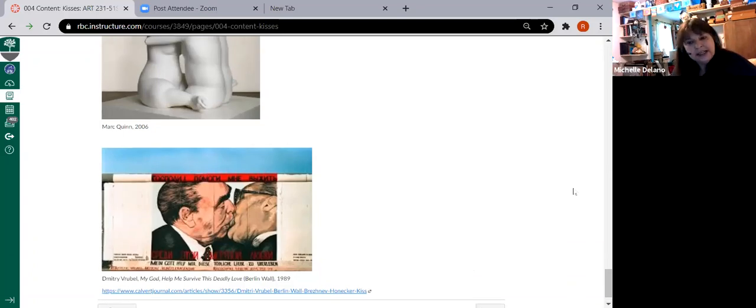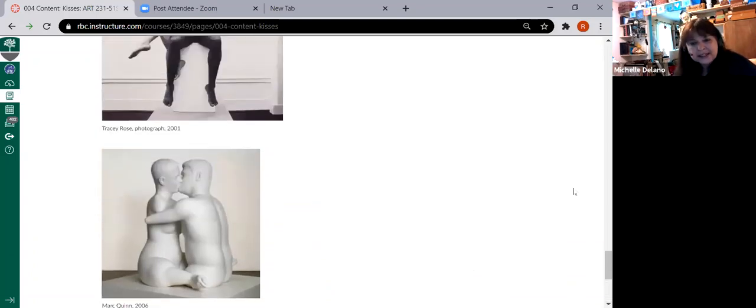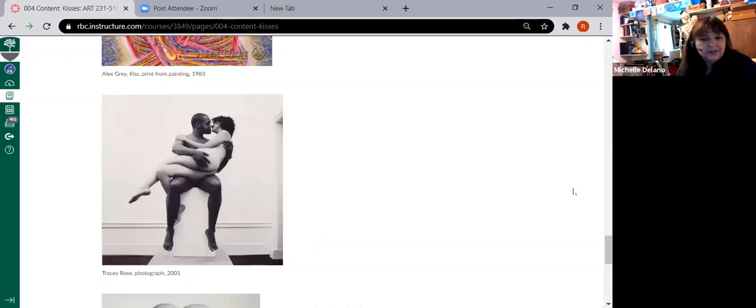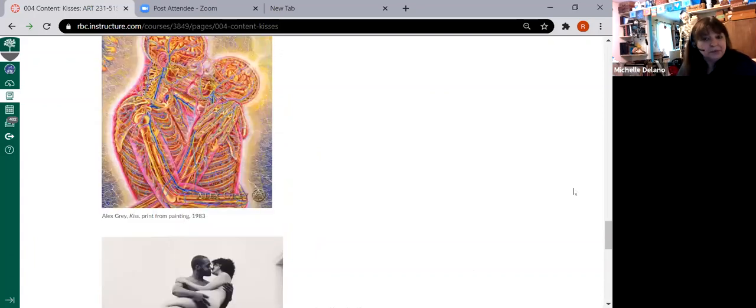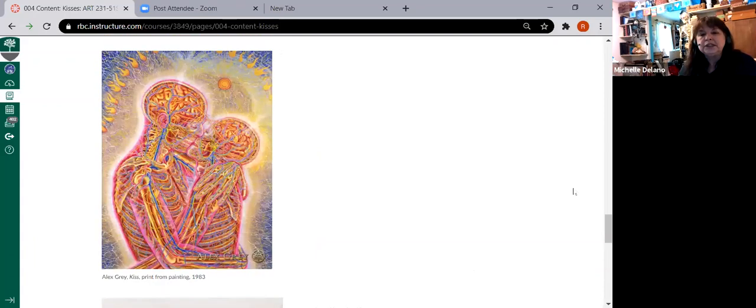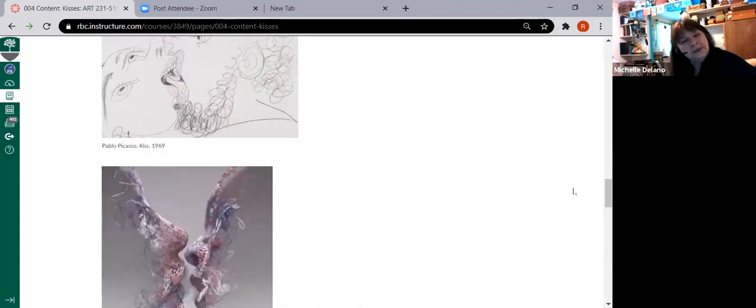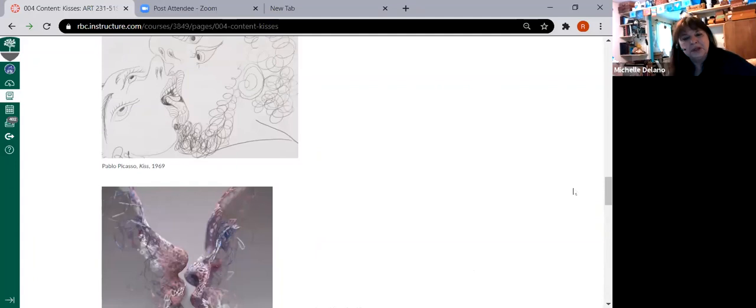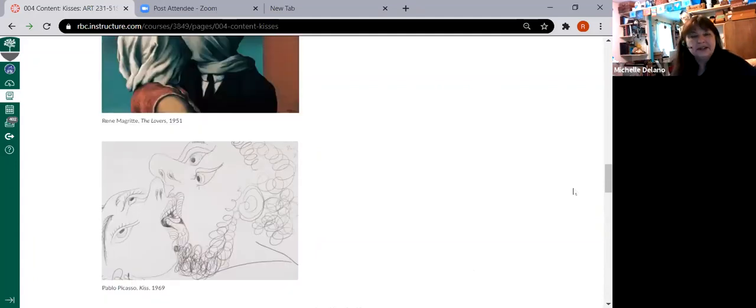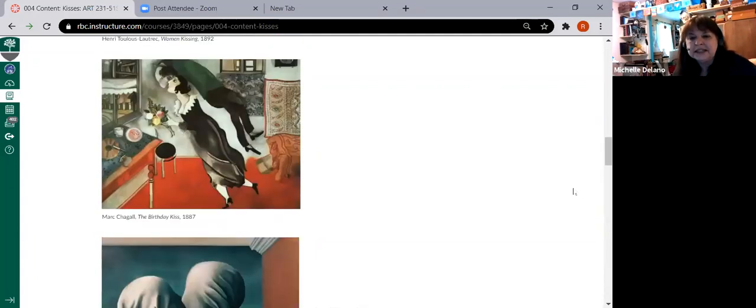So as you look at these types of kisses, and I looked at a diverse type of kiss, you might also want to think about, okay, well, what types of kisses are there? I mean, there's the kiss of death, there's a tender kiss, there's a mother's kiss.